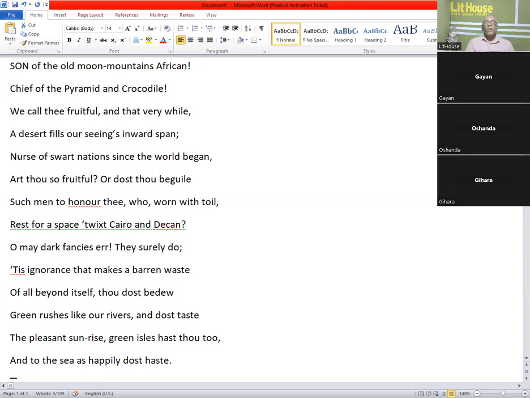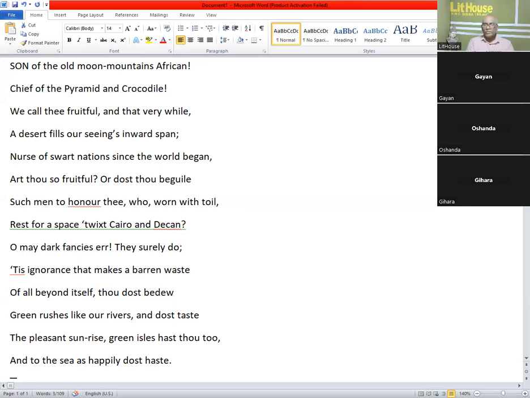The Nile is the son of old moon mountains. Moon mountains are also personified. Note them down.